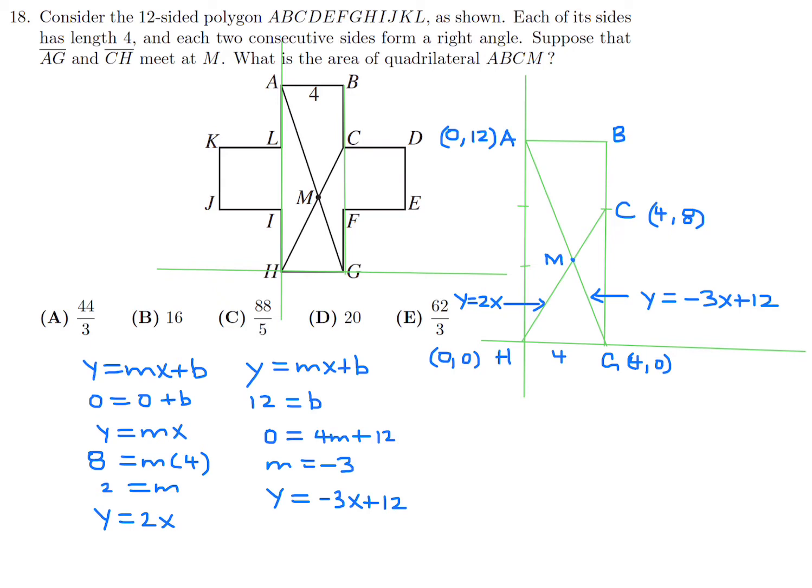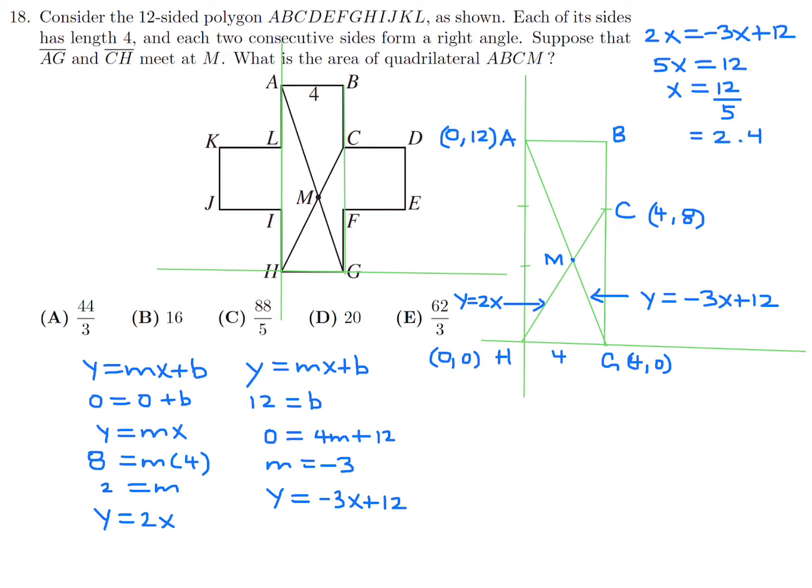Now I have to find M. How do I find M? Well, it's the intersection of those two lines. So that's going to be 2x is equal to minus 3x plus 12. So that means 5x is equal to 12, and therefore x is equal to 12 over 5. And that's about 2.4?